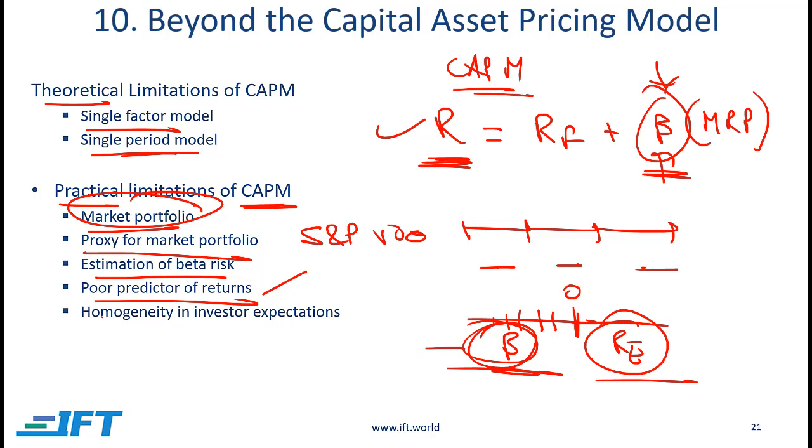And the final limitation has to do with the fact that according to CAPM, there is a homogeneity in investor expectations. So investors need to have the same expectations, and investors need to come up with the same optimal risky portfolio. But the reality is that investors can arrive at different optimal risky portfolios.